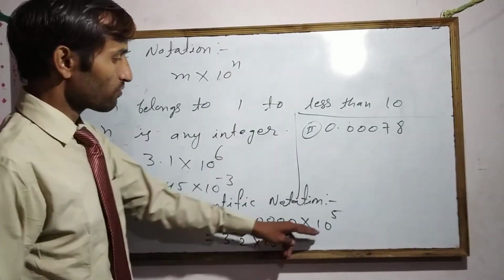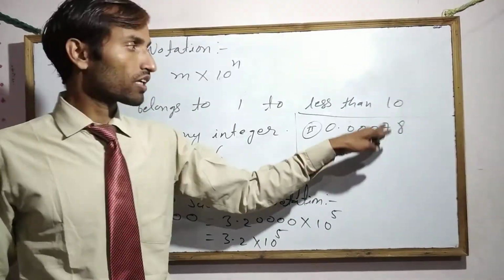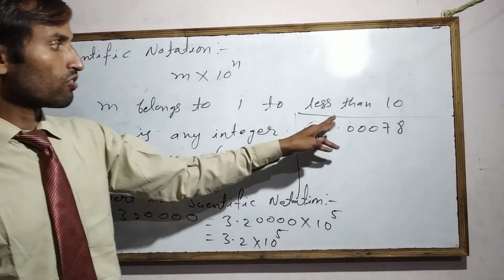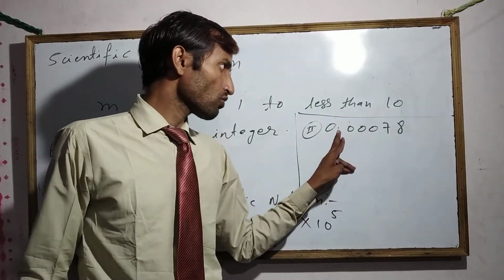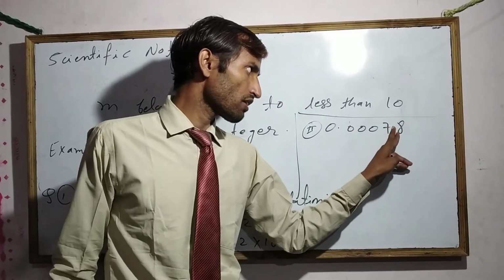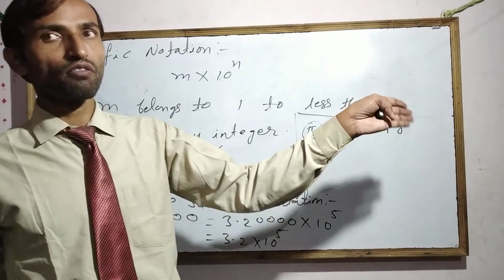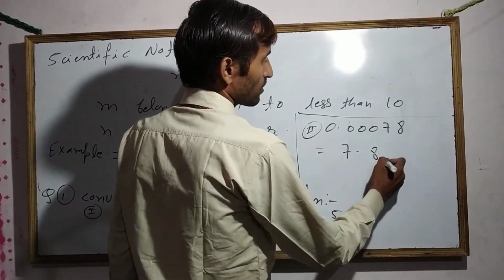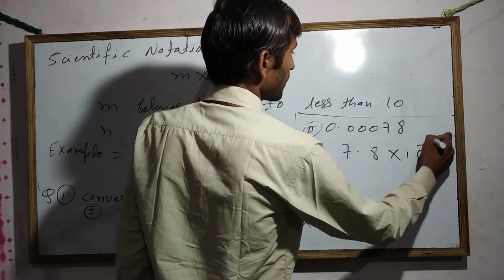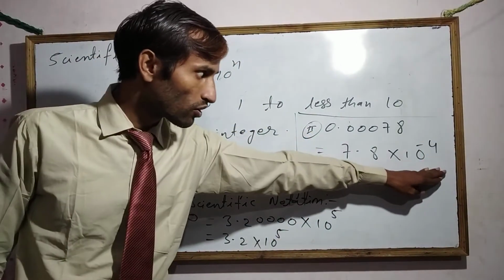So in that case the power is positive, but in this case the power will be negative. That depends on how many digits we have shifted. Here we want to shift this point to after 7. So 4 digits are there, then it will be 10 power minus 4. Means 7.8 into 10 to the power minus 4 will come. Okay, so this is our scientific notation.